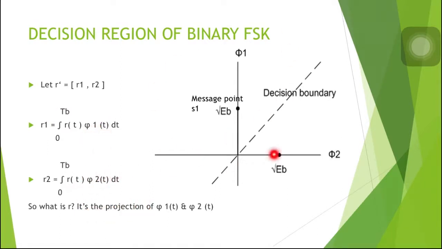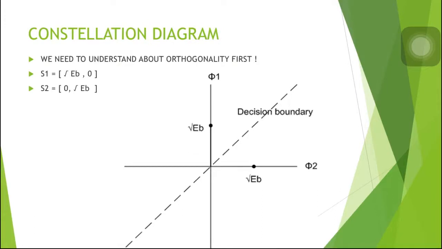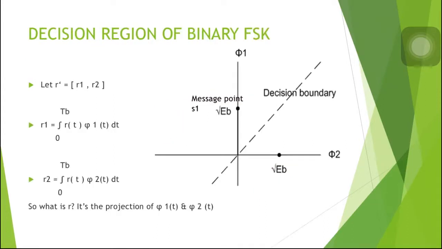So let's consider this diagram. We know in the constellation diagram that this is S2 and this is S1, right? When something comes in this area, this might be R1, because we have phi 1 here, so phi 1 will be the R1 region. When something comes in this region, it will come across this point, the message point S1.